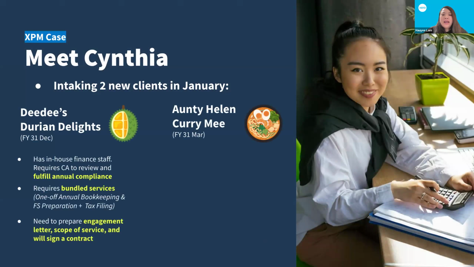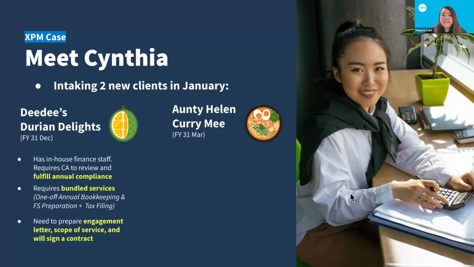This client has an in-house finance team, but they need an accountant to review their books and handle annual compliance like tax. So AC Business Consulting provides them a bundled service agreement that includes bookkeeping, financial statement preparation, and tax filing. This is a one-off annual job that we set up at the beginning of each year.